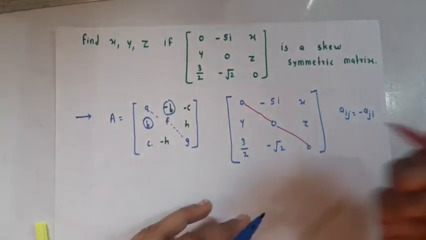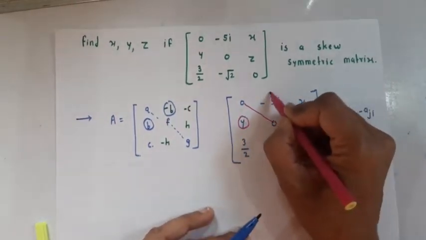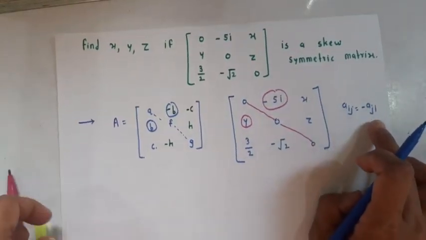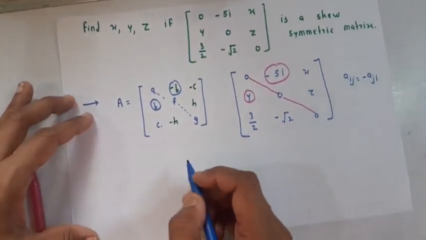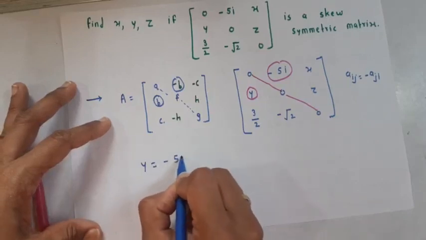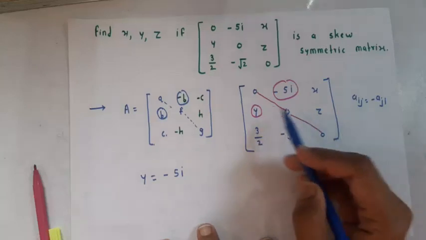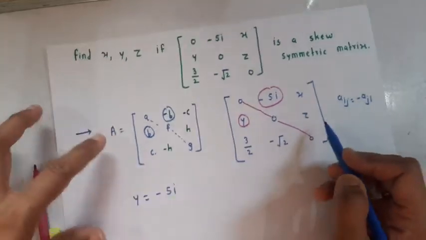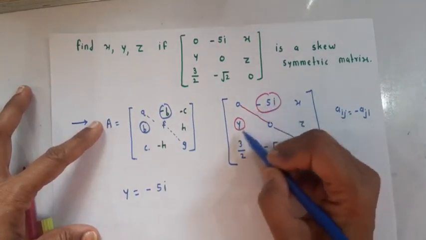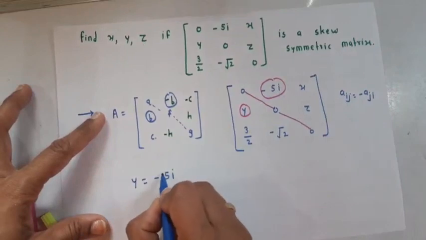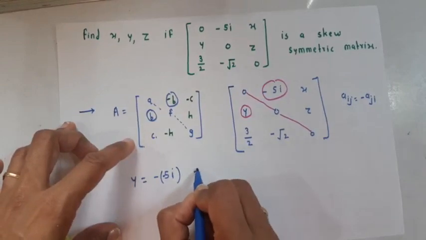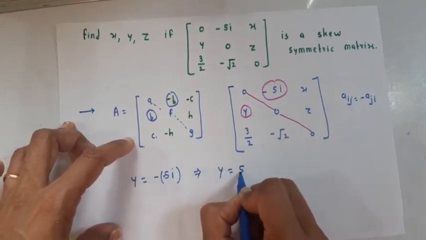Means here this y equal to this, and therefore y equal to minus 5i. Aij equal to minus Aji means this number and this number both are negative numbers of each other. So y equal to 5i.